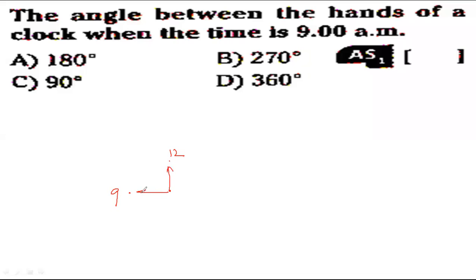Hours hand will be pointing towards 9. What is the angle formed between these two? 90 degrees. So when the time is 9 a.m., 90 degrees angle is formed between the hands of the clock. Option C is correct.